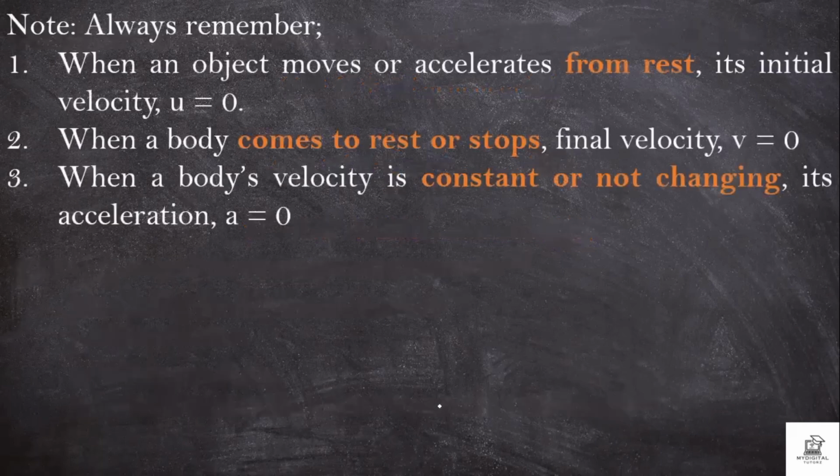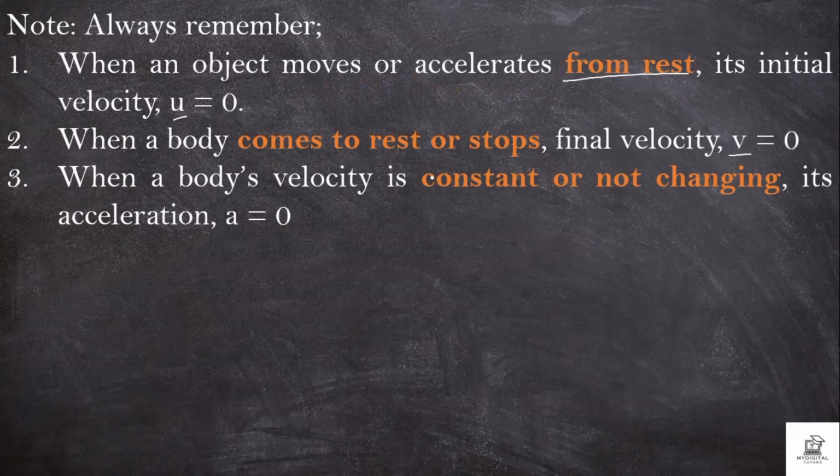So note that when an object moves or accelerates from rest, its initial velocity is equal to 0. Whenever you hear the words a body starts from rest, or an object moves from rest, you should know that the initial velocity is equal to 0. Also, when a body comes to rest or stops, the final velocity is equal to 0.